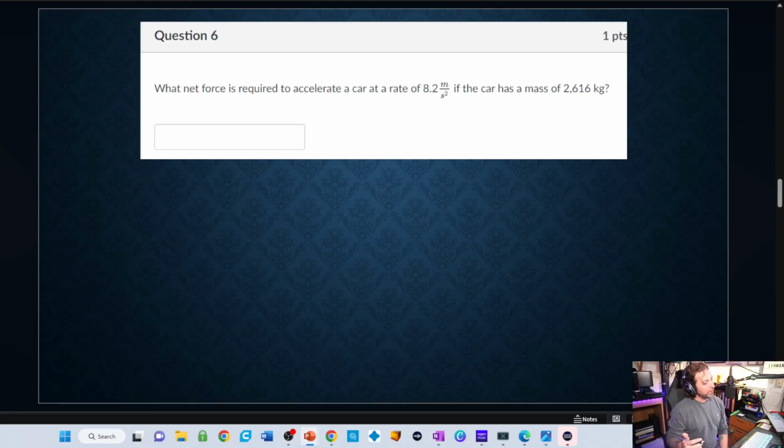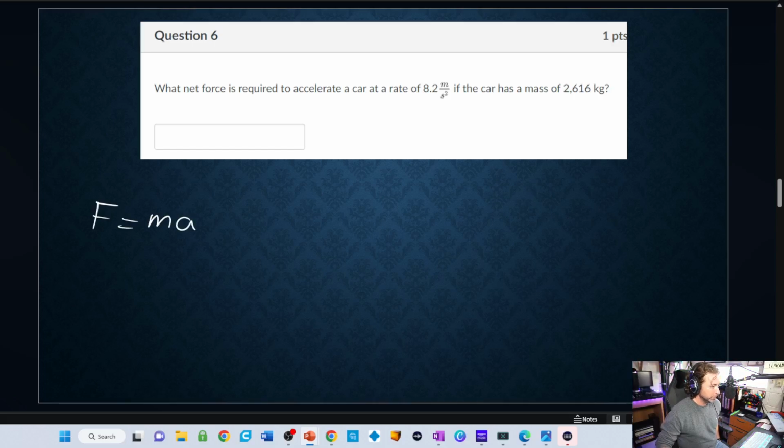All right, so what net force is required to accelerate a car at a rate of 8.2 meters per second squared if the car has a mass of 2,616 kilograms? Well, this is just a simple Newton's second law problem. You don't need a free body diagram. Remember, Newton's second law says that the net force is equal to ma. So F is equal to ma.